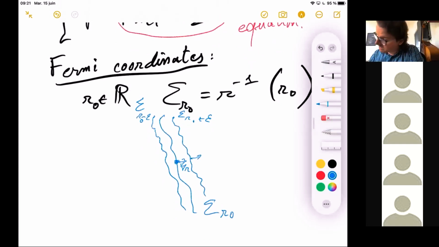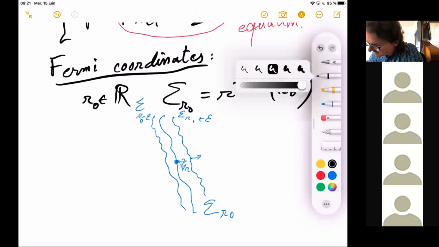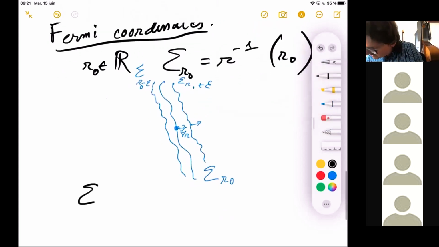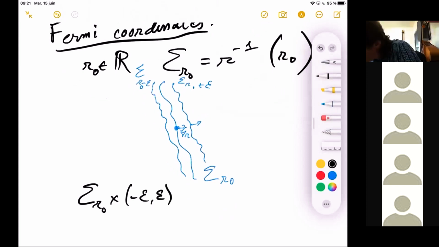We can define the coordinates in the following way. You start with a point x in this hypersurface, and a real number t in some interval around 0.